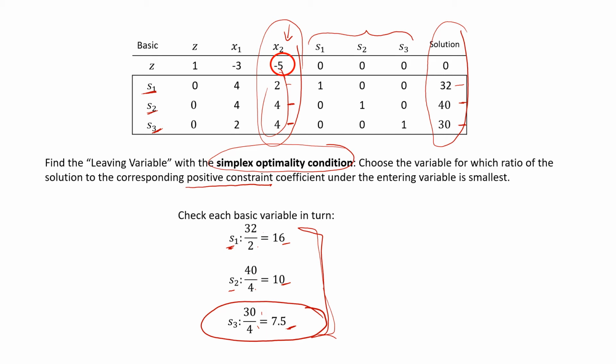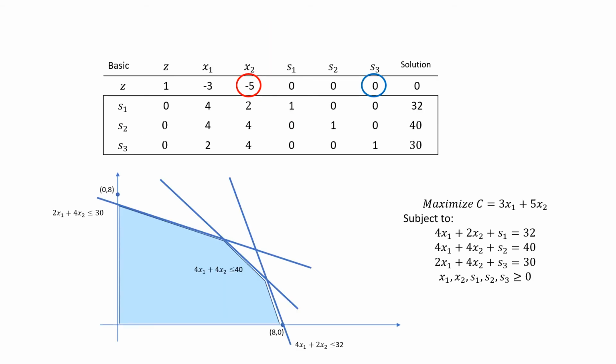If something is negative, you don't take it. You ignore anything in the column of your entering variable that is negative. Okay. So we've identified that x2 is our entering variable and S3 is our leaving variable.